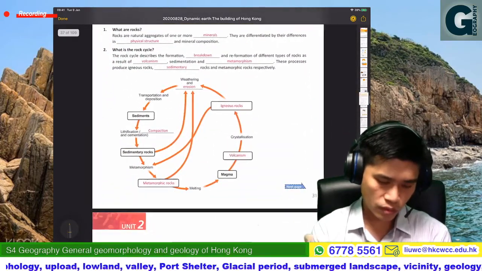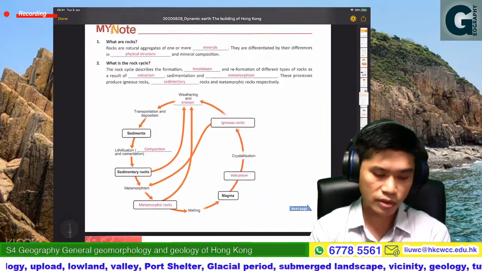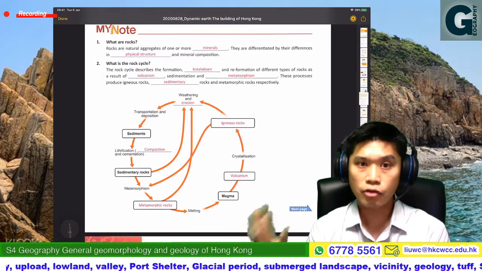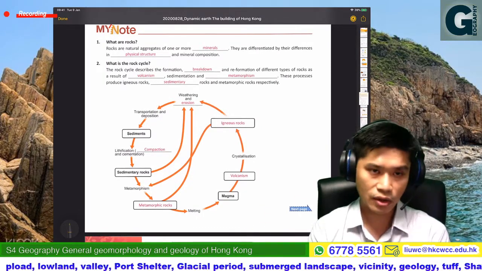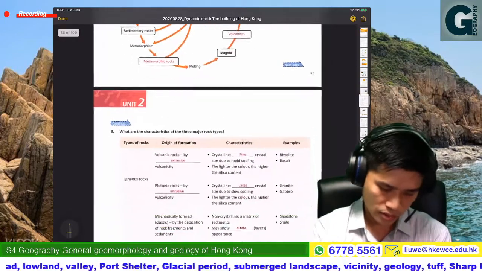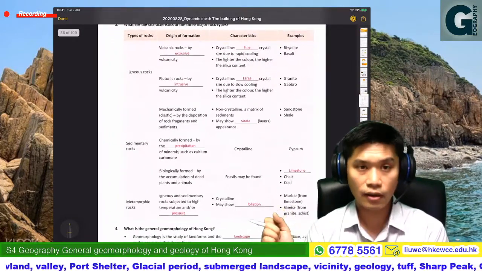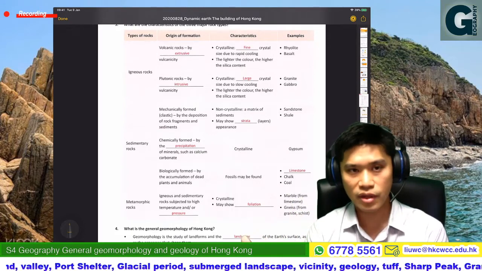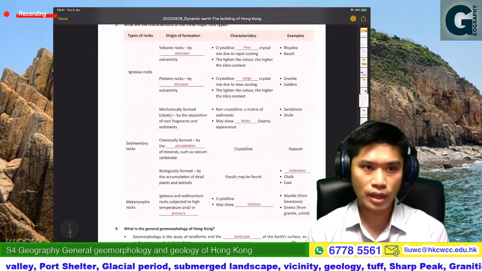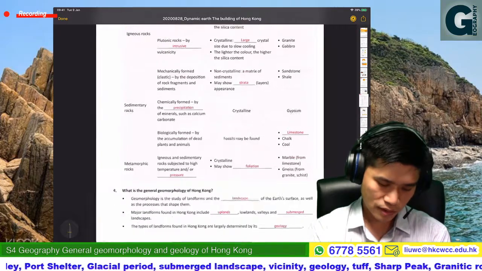And okay, so you may do the revision by yourself. So for the rock cycle, and also the summary of the rock types, the three major rock types: igneous rock, sedimentary rocks, and metamorphic rocks.